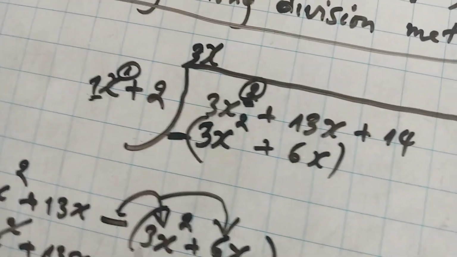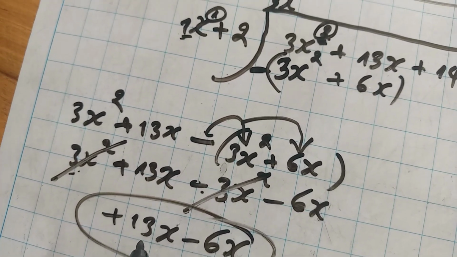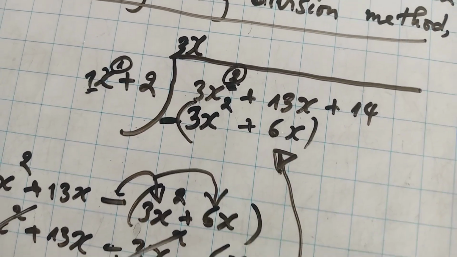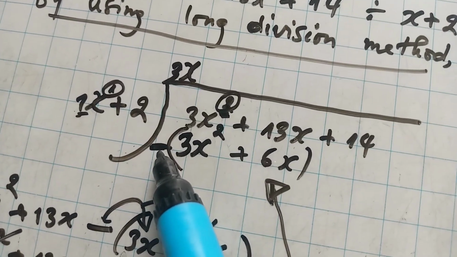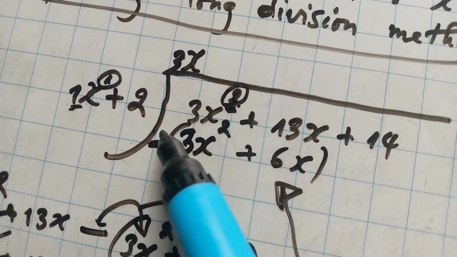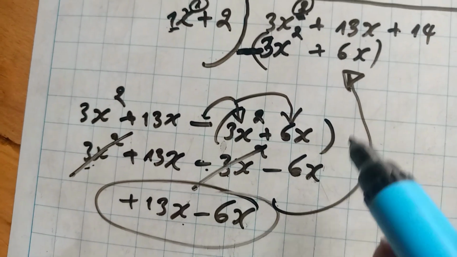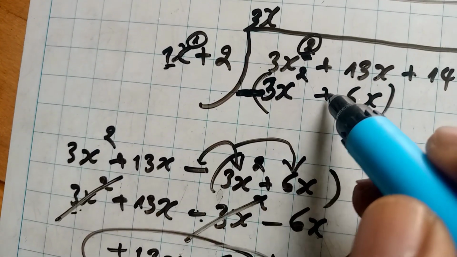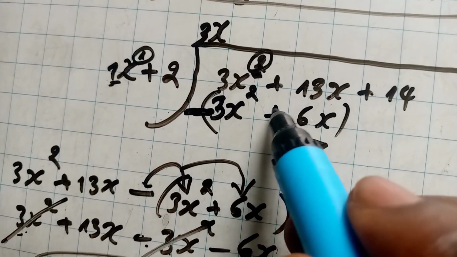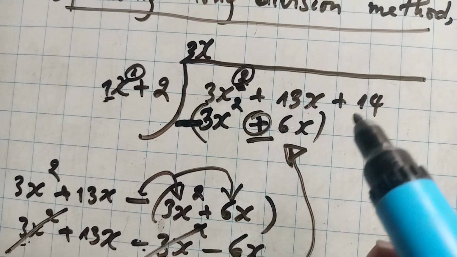That's why, since we have this negative, 13x minus 6, you see, comes here. This negative before the bracket is going to multiply this one to have negative as a whole. Then we change the sign before this 6, instead of positive it will be negative 6.